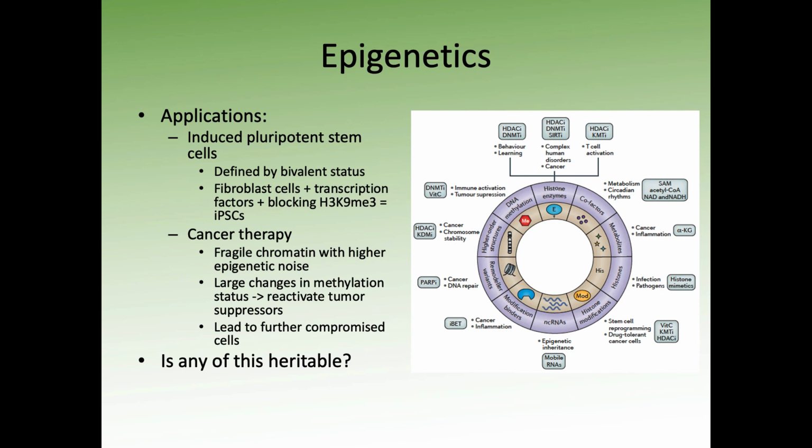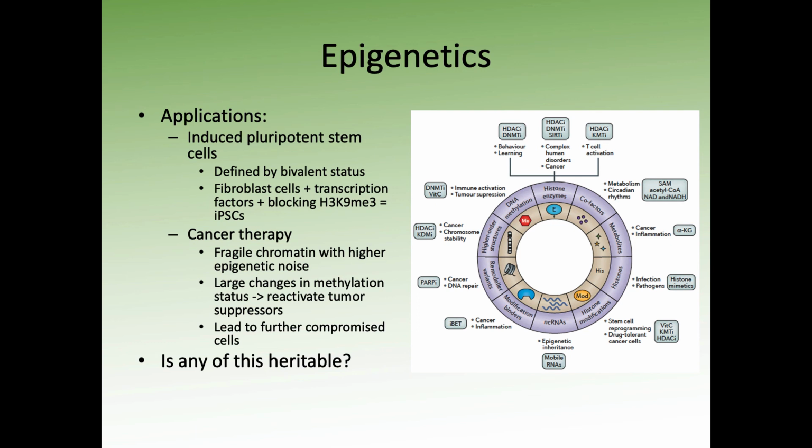An example of where these types of processes can be informative is looking at the status of induced pluripotent stem cells. In this case, blocking specific histone modifications can actually lead to the better formation of induced pluripotent stem cells.